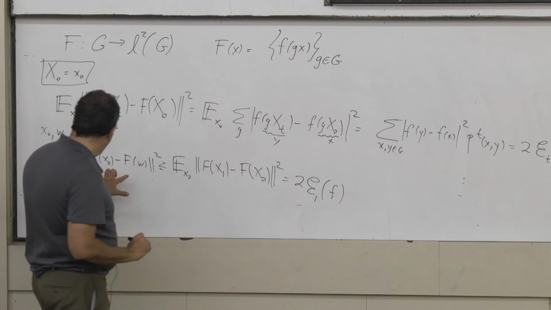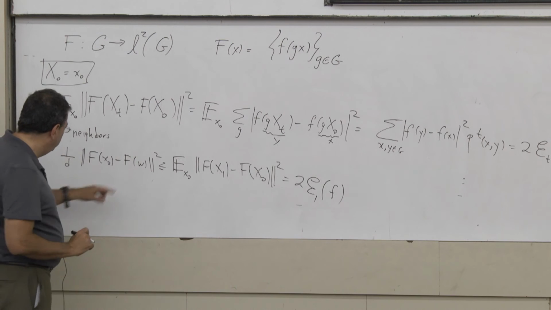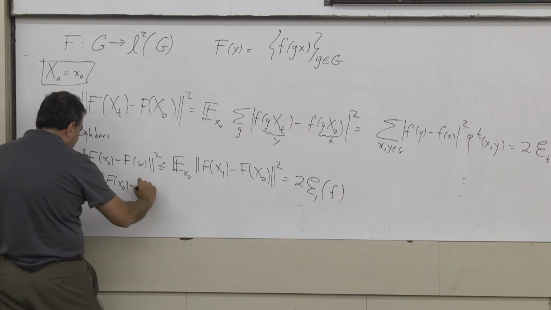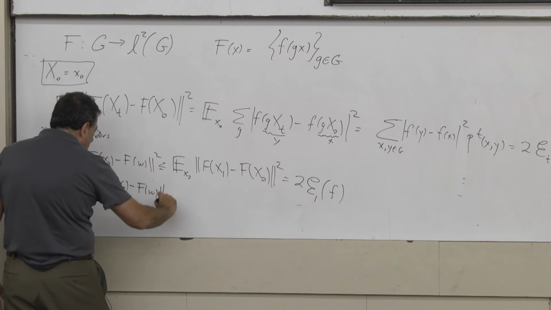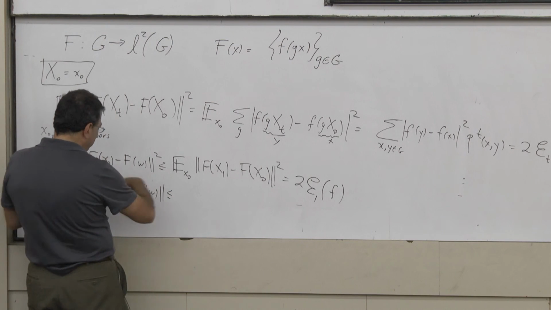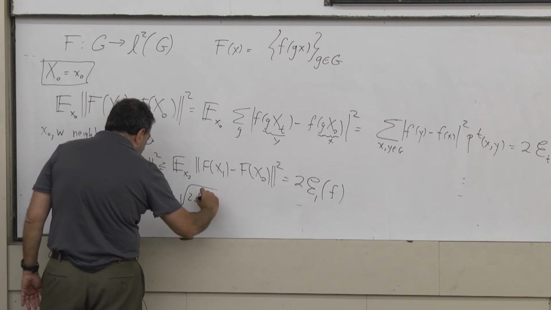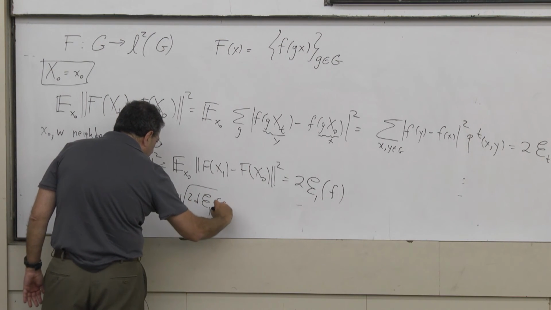Now, why did we do this? Because this tells me that the norm of f(x0) minus f(w) is less than, moving the d, root 2d E1 of f.